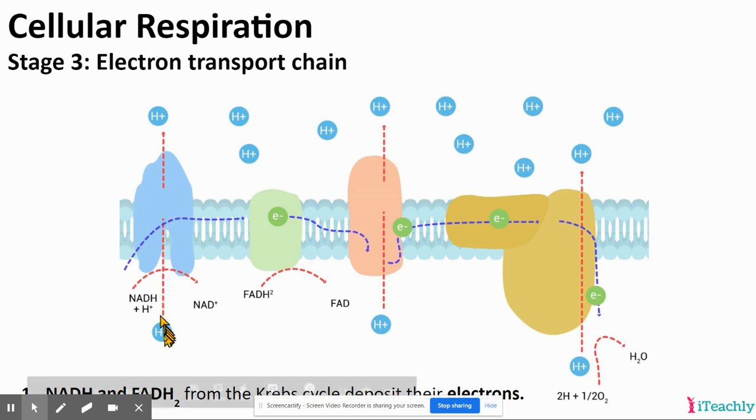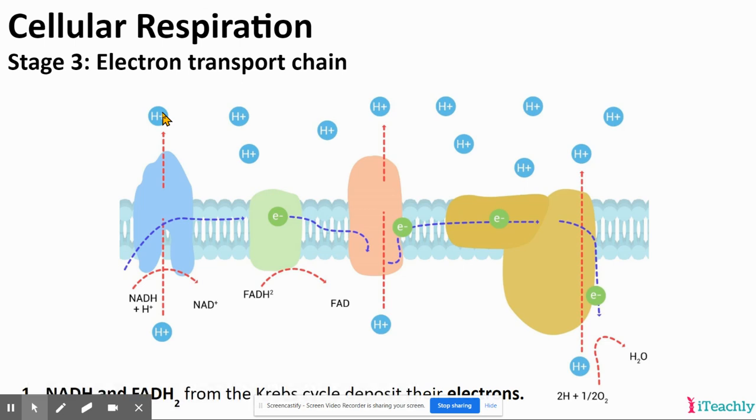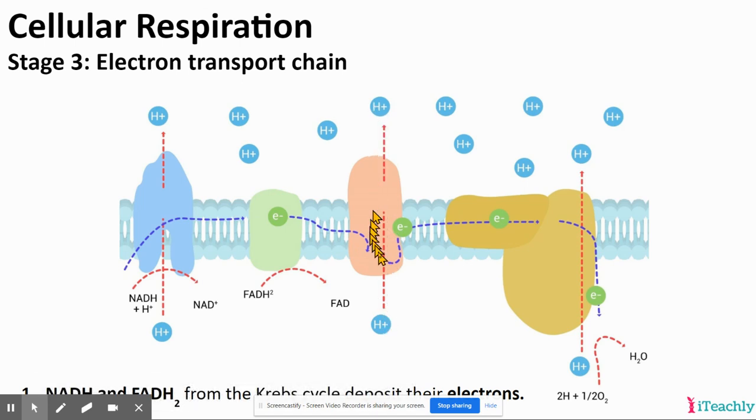When it loses those electrons, it's going to pump hydrogens across the membrane. Then there's a carrier, and there are great animations for this, I might show one. The carrier carries that electron over to here, and those electrons get excited again. It's going to pump more hydrogens across the membrane.